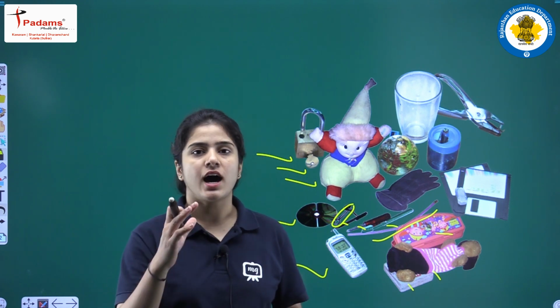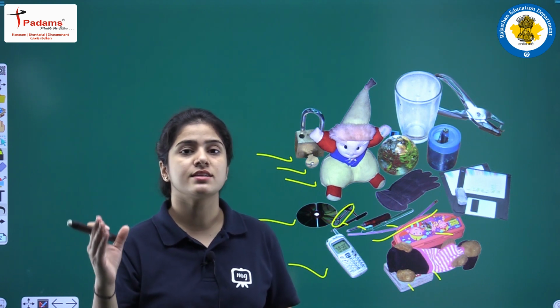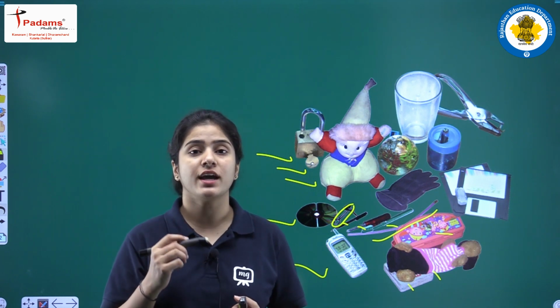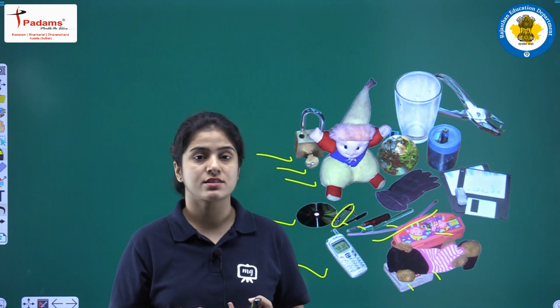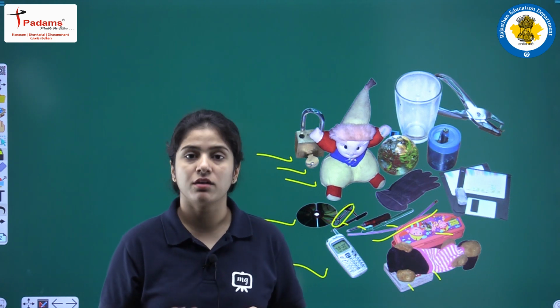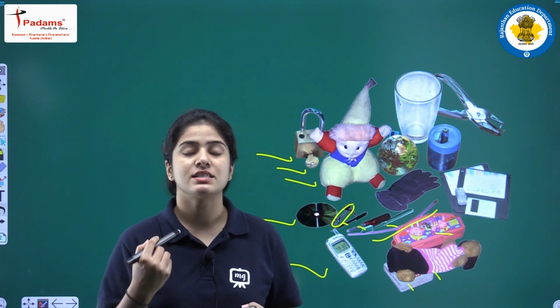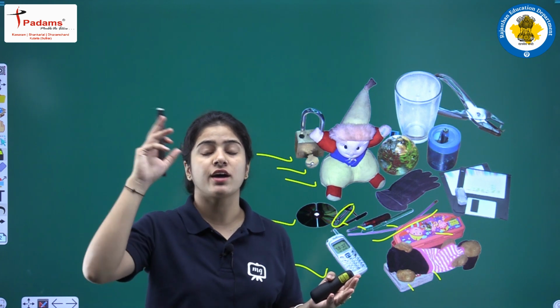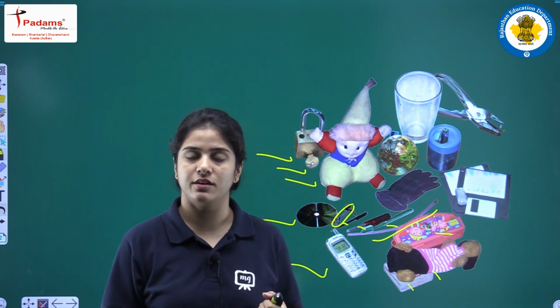Tell me the names of the materials that are present in the classroom. You will name geometry box, textbook, desk, table, chairs, stools, blackboard, chalk, duster, notebook, paper, and also pencil, pen, compass, eraser, sharpener and so many things, walls, paint, fan, tube lights. So many materials are there.